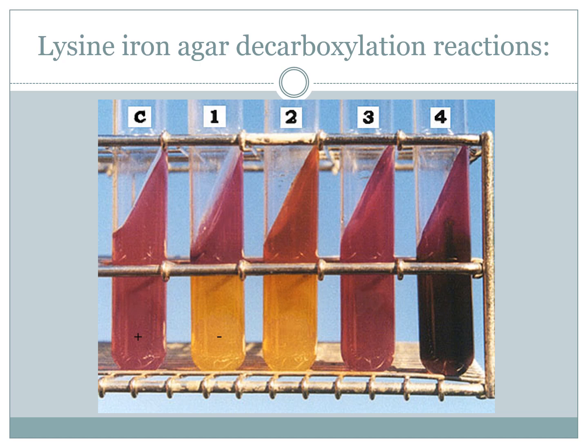And these media, the LIA media, can also determine if we have H2S production. So you can see in the LIA slant on the very right in column number 4 is purple over purple with black. So it'd be lysine decarboxylase positive because it's purple and H2S positive because it's black.